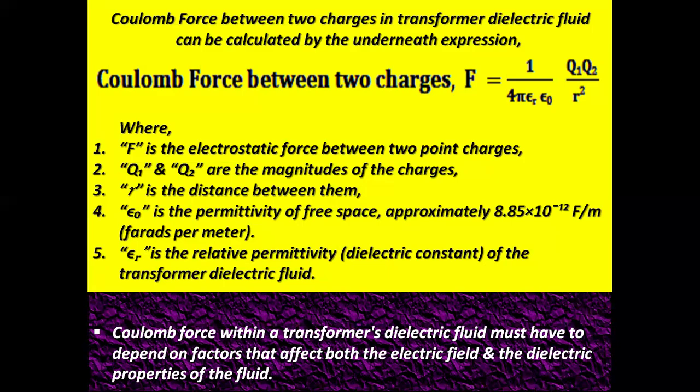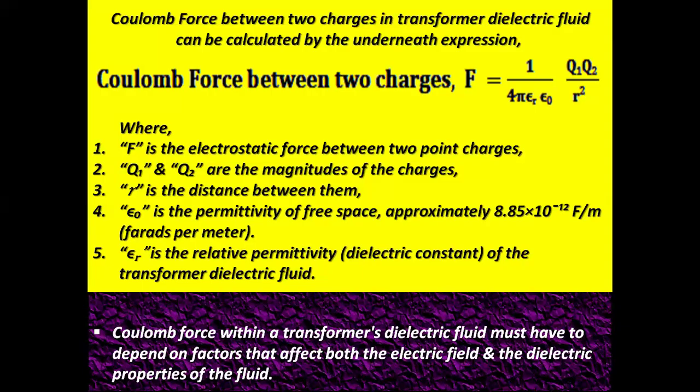epsilon 0 is the permittivity of free space, approximately 8.85 into 10 to the power minus 12 farads per meter. Epsilon r is the relative permittivity, that is dielectric constant of the transformer dielectric fluid.